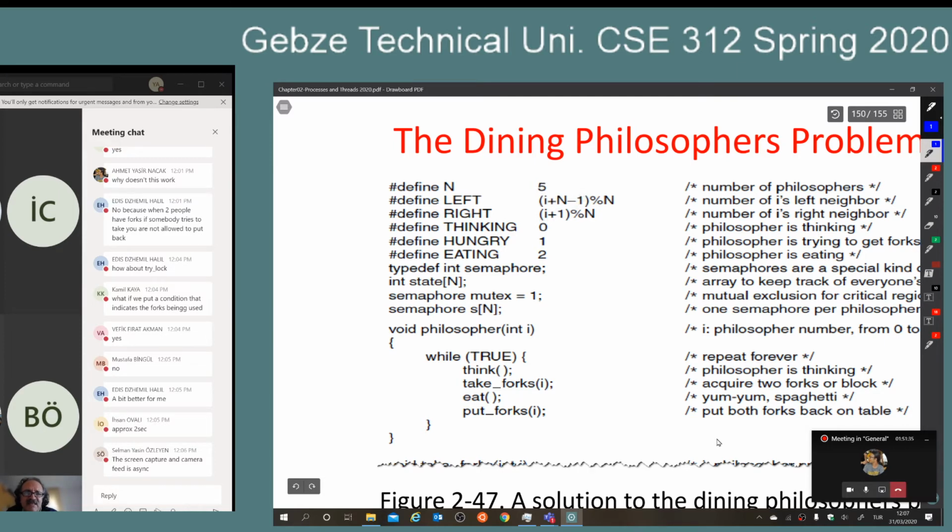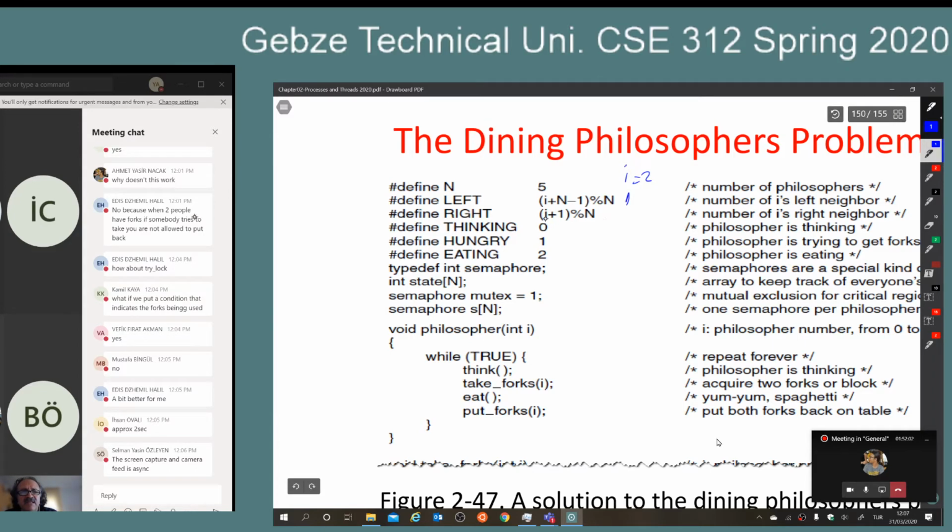You understand these, right? If i is 2, my left is (i + 5 - 1) modulo n, that means (2 + 7 - 1) = 6 modulo 5, which is 1.